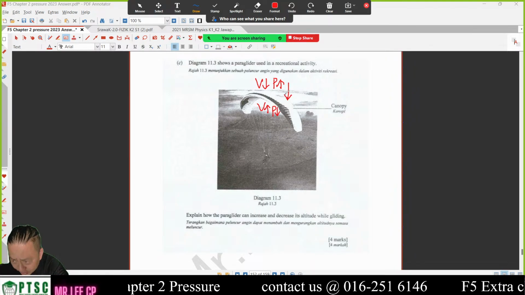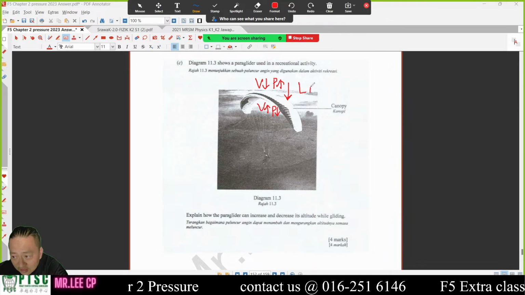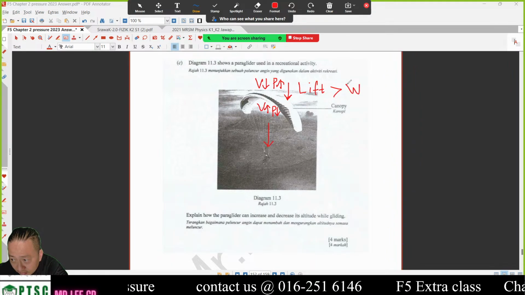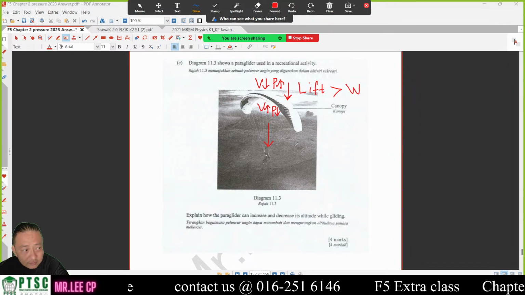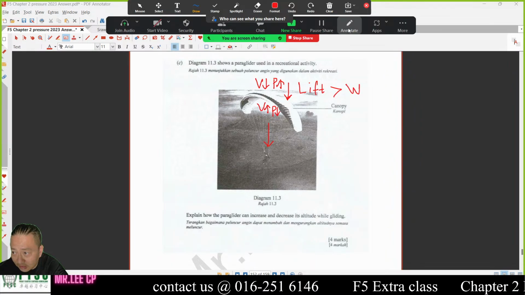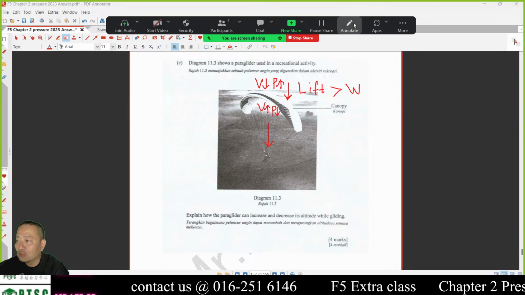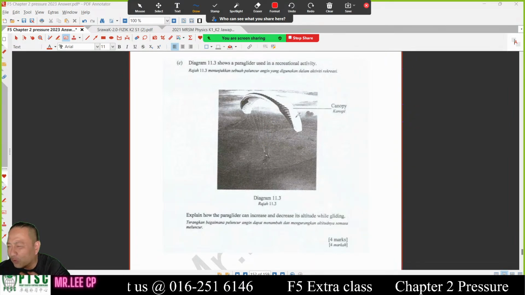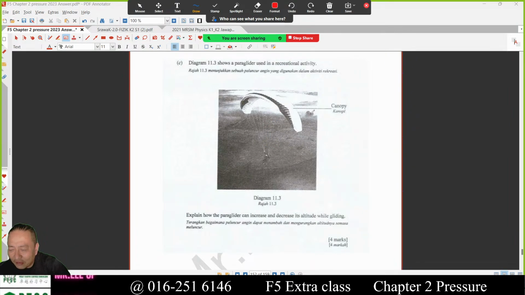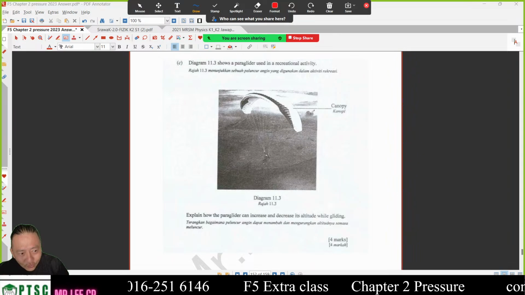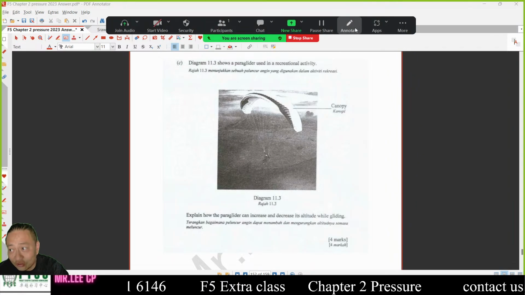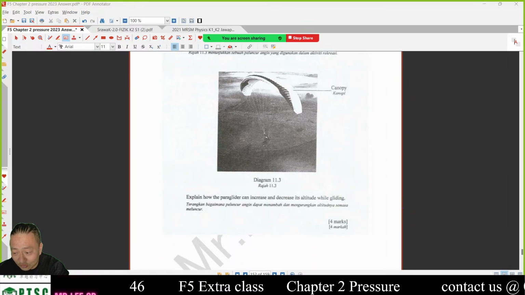The higher pressure presses, so the weight is greater than the lift force and it will go down. That's how you answer. Of course, if you know, you know, but I'm not sure whether you pull or you release it, so I don't dare to write it.